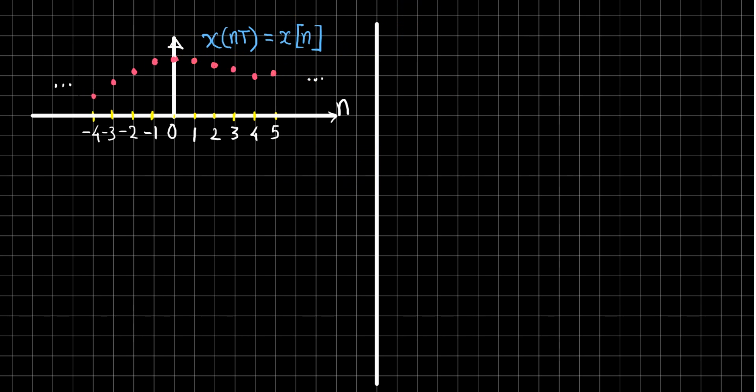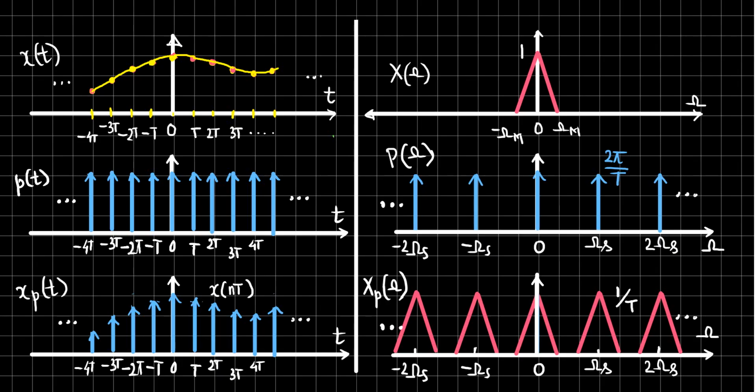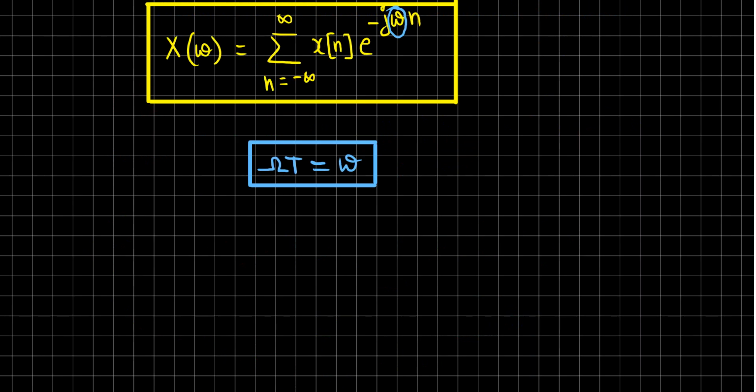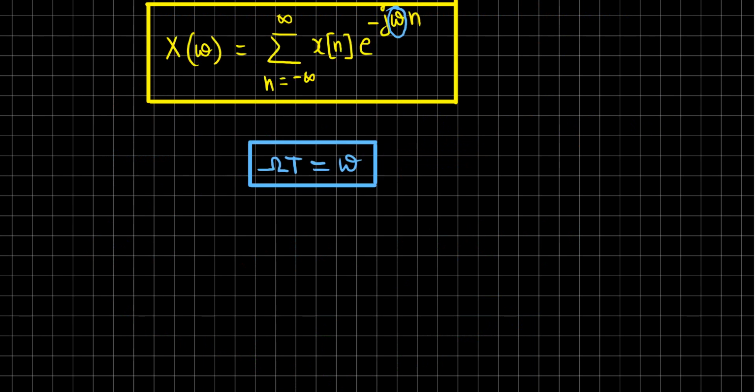So we now have found a relationship between the Fourier transform of xp of t, that is xp of omega, and the Fourier transform of this signal x of n. And that relationship is this: omega T equals small omega.